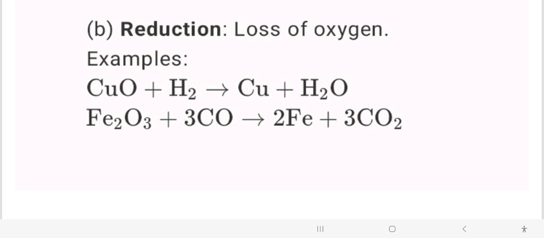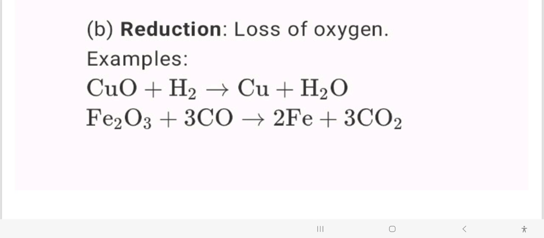In the reduction process, loss of oxygen will take place. So for this I gave two examples. The first one is copper oxide, CuO, reacting with hydrogen gas. It is a classic redox reaction in which copper oxide is reduced to metallic copper and hydrogen is oxidized to water.